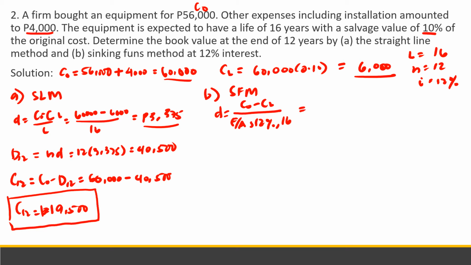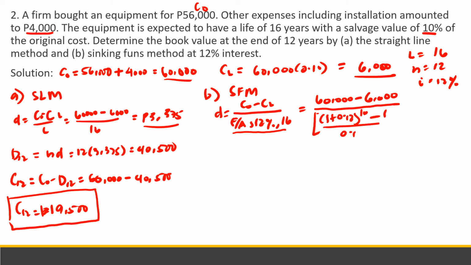So this will be 60,000 minus 6,000 over, so that is 1 plus I to the L minus 1 over I. So I have introduced this notation sa previous module natin. So okay, so a formula natin. So 1 plus 0.12 to the power 16 minus 1 over 0.12.